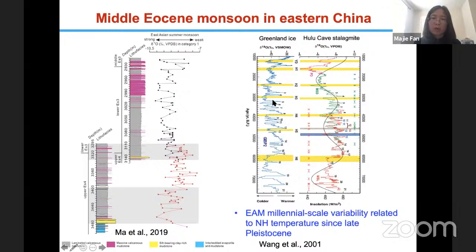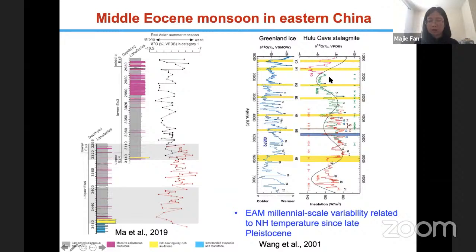So this column we are looking at is the Greenland ice delta O18 value, which is a good record of Northern Hemisphere temperature. So this correlation suggests that the monsoon intensity in the Pleistocene and Holocene seems to be related to Northern Hemisphere insolation. There's also this variation of the cycles of longer time period, okay?